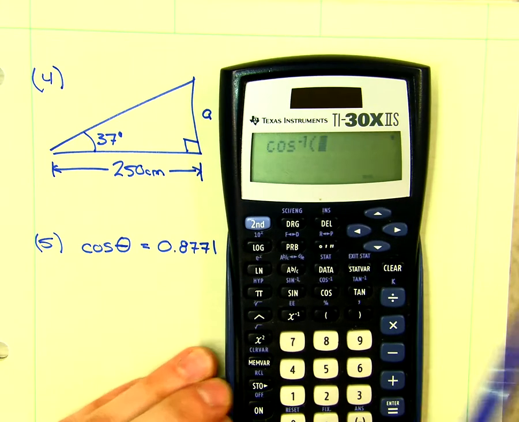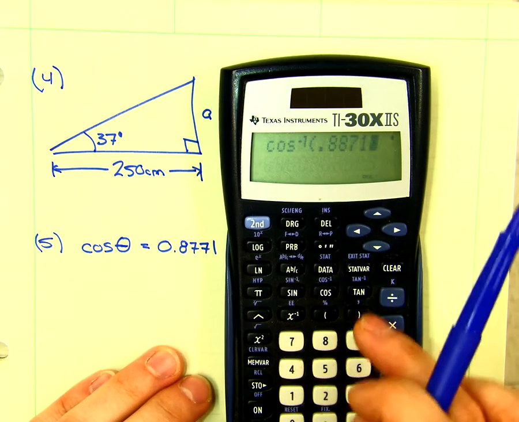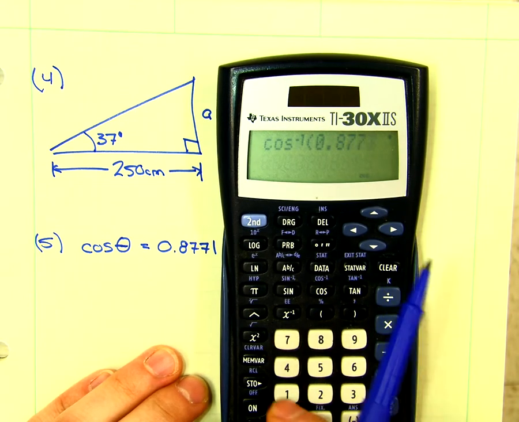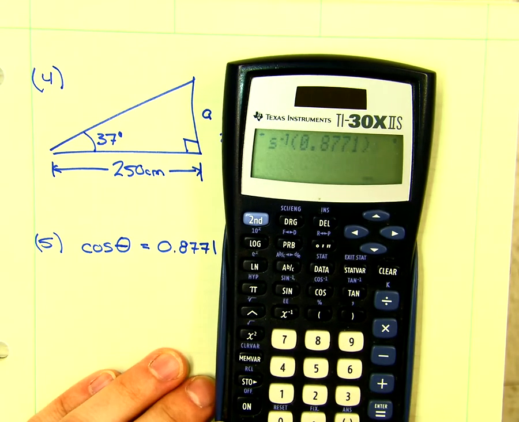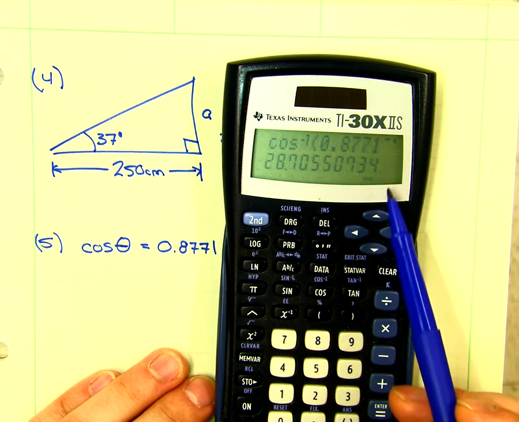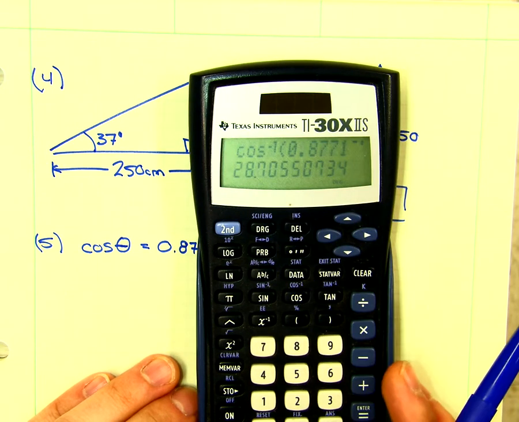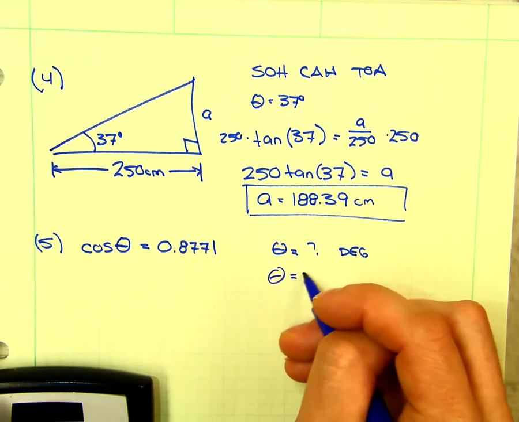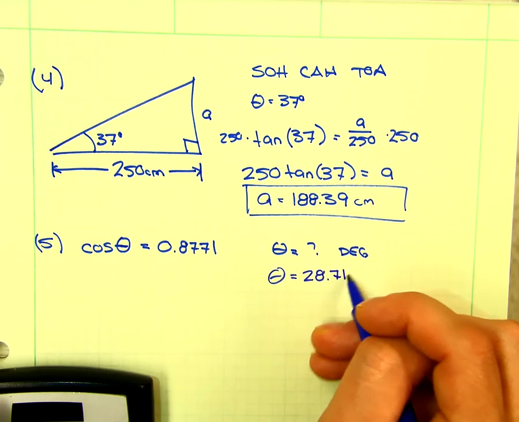So if I do the arc cosine of 0.8771, and I hit enter. Once again, remembering that I need to be in degrees, I find out that it's going to be 28.71 degrees. So theta is going to be equal to 28.71 degrees.